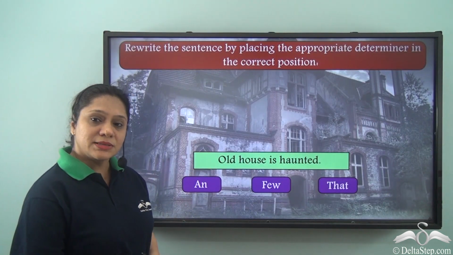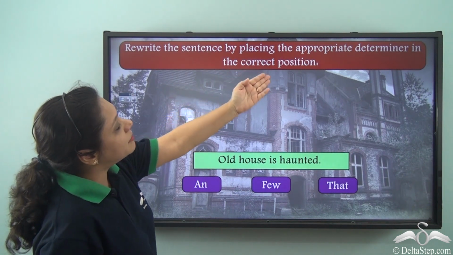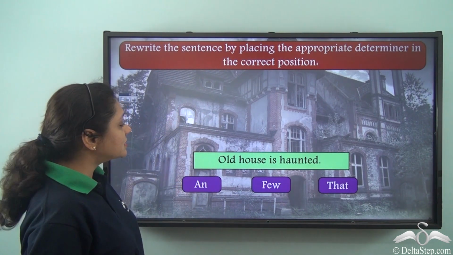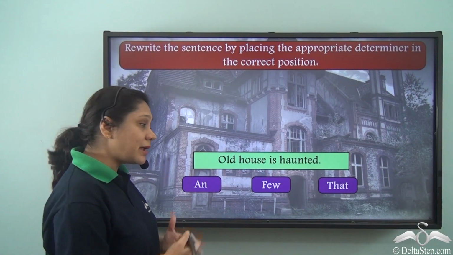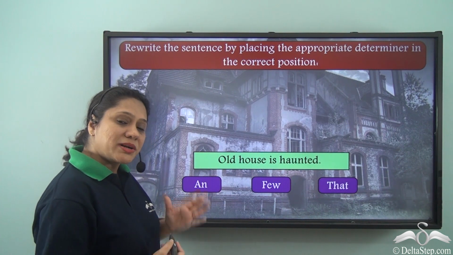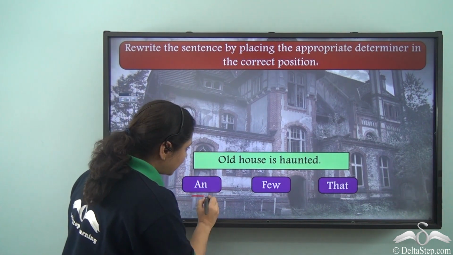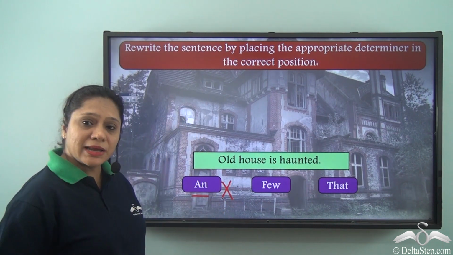Now let us do this exercise. Rewrite the sentence by placing the appropriate determiner in the correct position. What is our sentence? Old house is haunted. Now we have to use an appropriate determiner. What is the appropriate determiner here? Can we say an old house is haunted? No. We cannot say like that.